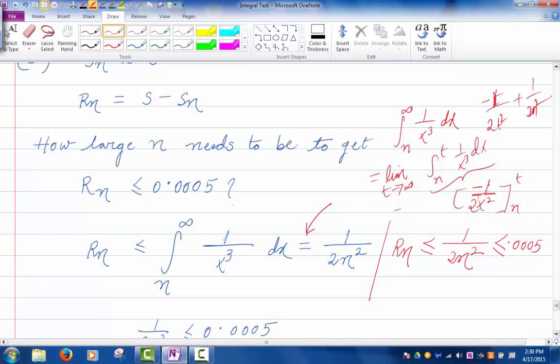And then when you take the limit as t goes to infinity, you are left with 1 over 2n squared. Yes. Take the antiderivative first, and then evaluate the antiderivative at the upper limit and lower limit, and then subtract. And then at the end, you're going to take the limit as t goes to infinity. Is everybody okay?